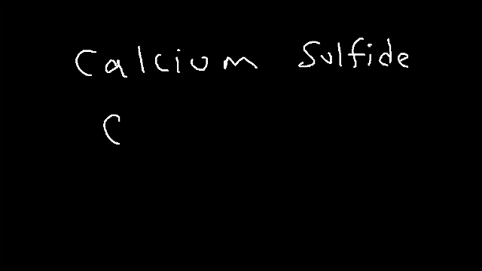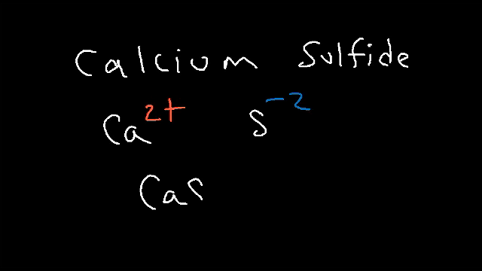It's in group 2, and so as an ion, it's going to form a 2+ charge. Sulfide is in group 6A or group 16, and those elements typically form charges of -2. So because the charges are the same, even though the sign is different, these two ions are going to combine in a 1-to-1 ratio. And so it's going to be CaS, calcium sulfide.